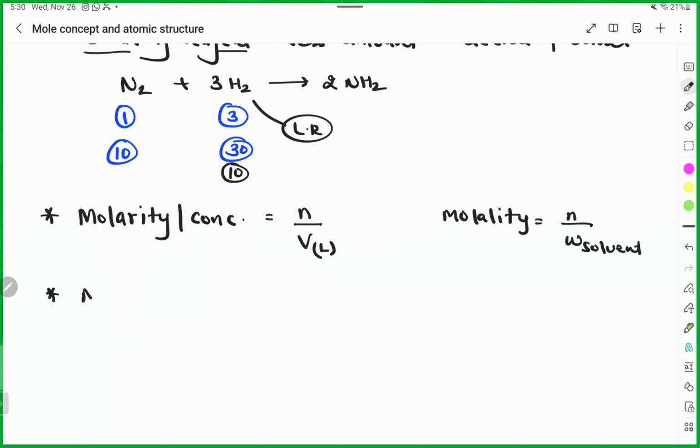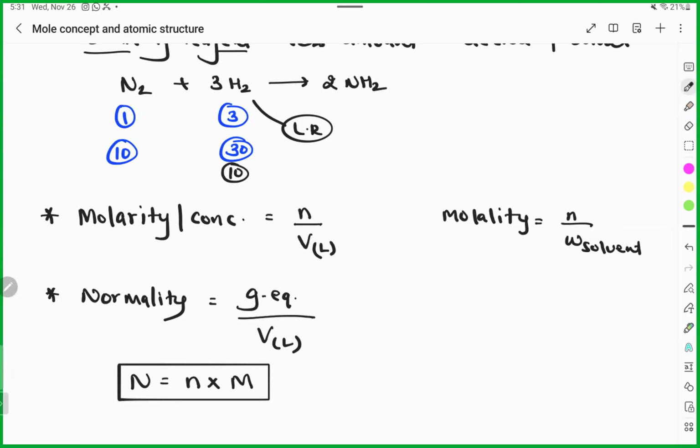I will add normality also, and normality is number of gram equivalents per unit volume. Okay, and this normality N is simply equal to valence factor multiplied by the molarity.